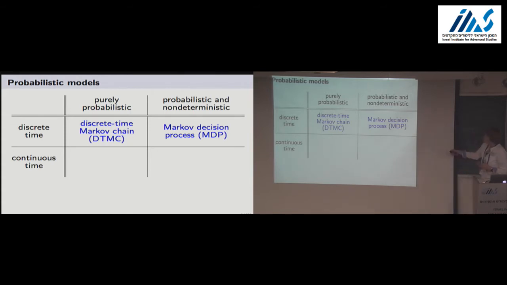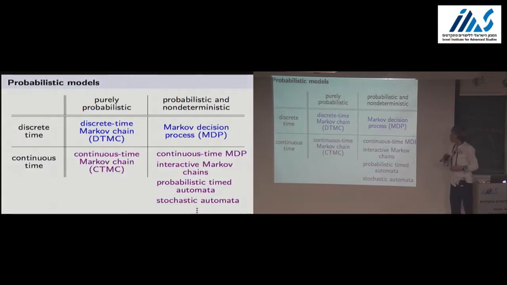And when combining it with non-determinism, the fundamental model is a Markov decision process, which combines transition systems and Markov chains. Now in the continuous world, for purely probabilistic continuous time, the most prominent models are continuous time Markov chains, where you have exponential distributions specifying the delay of transitions.